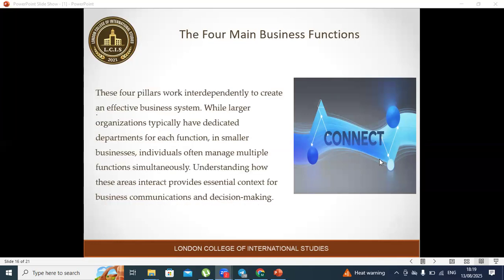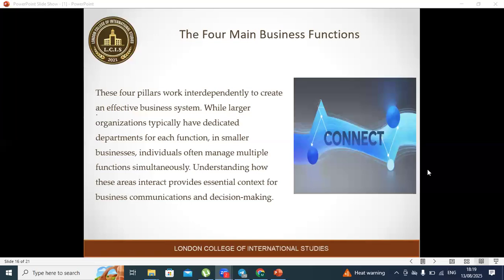These four pillars, which means الأركان الأربعة, work interdependently to create an effective business system. While larger organizations typically have dedicated departments for each function, in smaller businesses, individuals often manage multiple functions simultaneously.